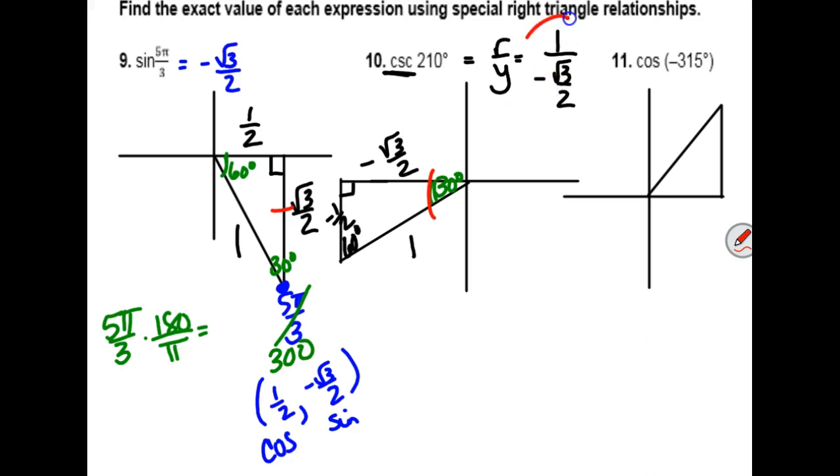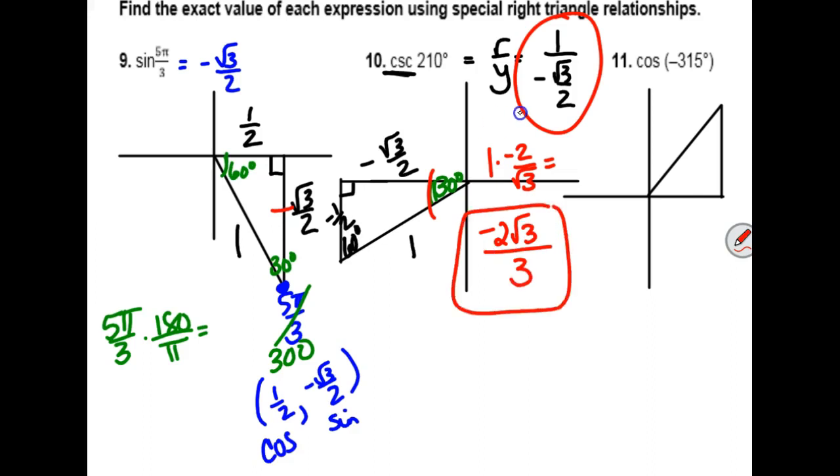So what you're really doing on this fraction is you're taking 1 and you're multiplying it by the reciprocal. And your math teacher is not going to like you saying it's negative 2 over square root of 3. What is your math teacher going to want you to do? Rationalize it, so it's negative 2 square root of 3 over 3. That was my answer. I kind of wrote you a big old maze there.